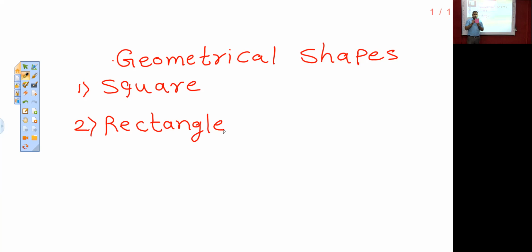The square is just like this shape. They have four sides, as well as I draw on the board also. The next one is the rectangle, like this shape. Now I show you the square. This is the rectangle.